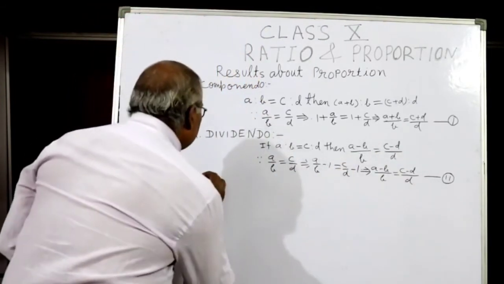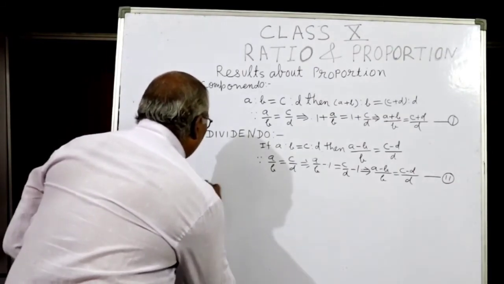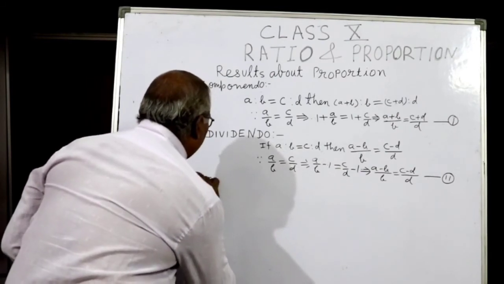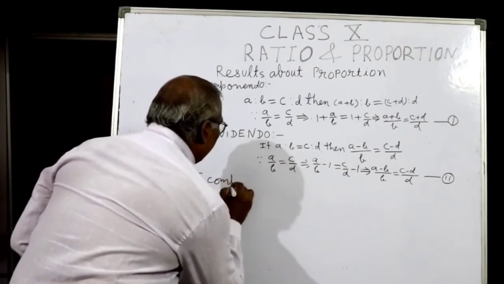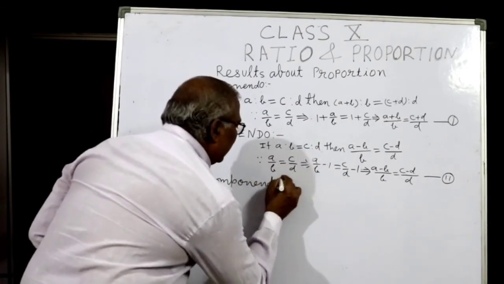Now you will see here fifth property, componendo and dividendo.